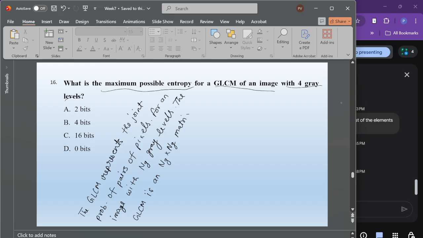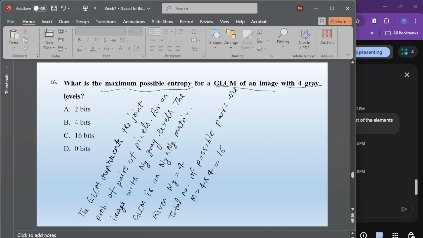Here, given NG is equal to 4, the total number of possible pairs is four cross 4, that is 16. Let's say it is represented by M. Now they are asking for the maximum possible entropy.